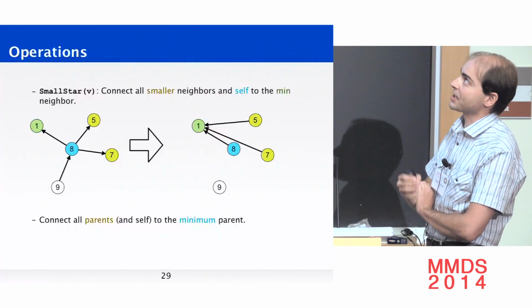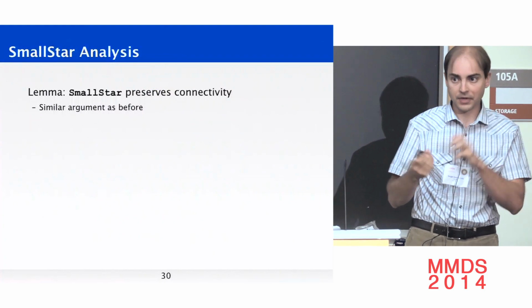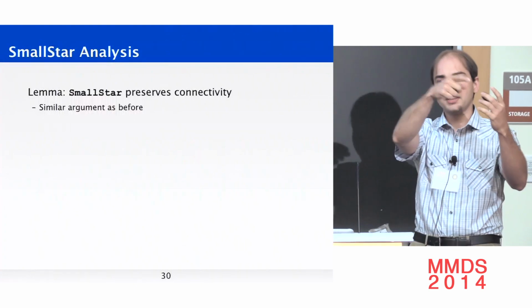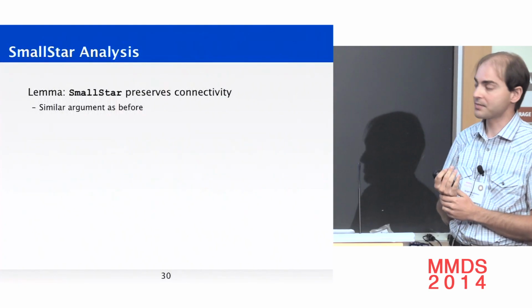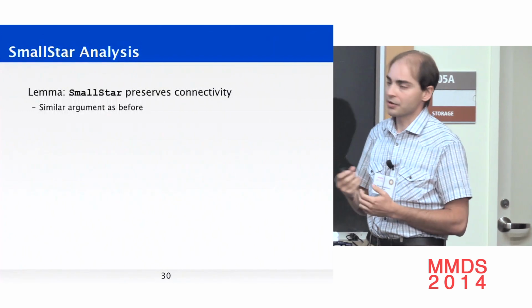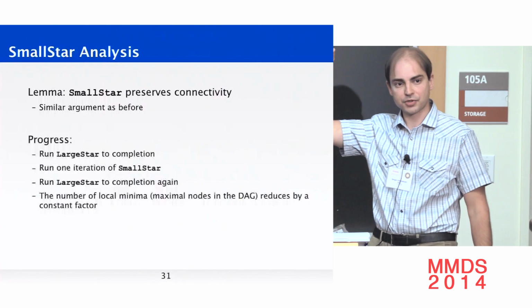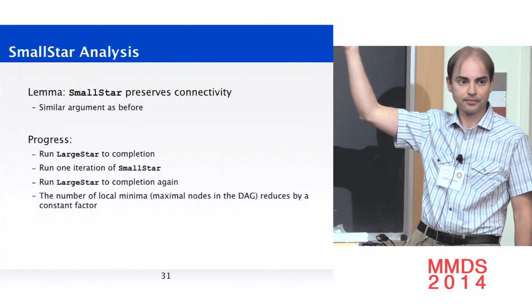Now, with this interpretation, again, I don't need to tell you that this preserves connectivity. Right? I had some parents, and they were connected through me before. Now they're connected directly, and I'm connected to one of them as well. So connectivity is preserved. And I can make another progress style of claim. So what is the progress here? If I was in this fixed point where my depth was only 2, I had some number of root nodes.